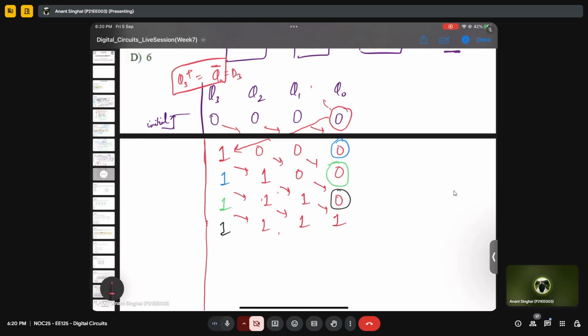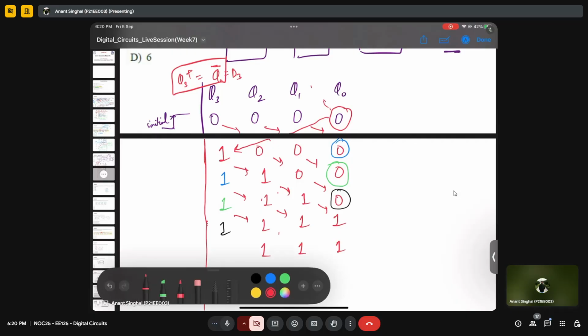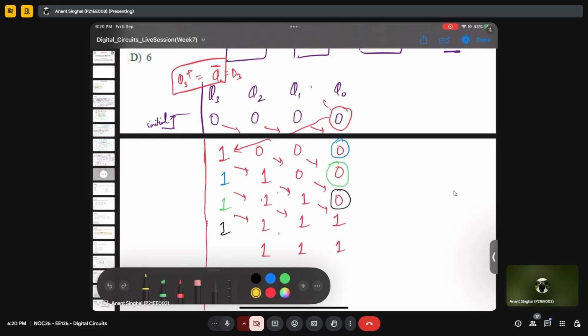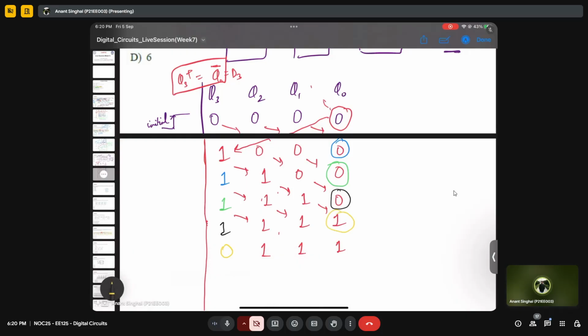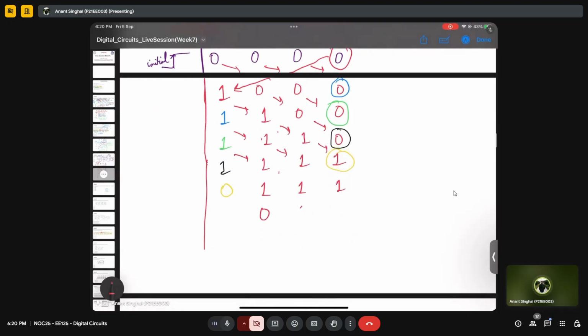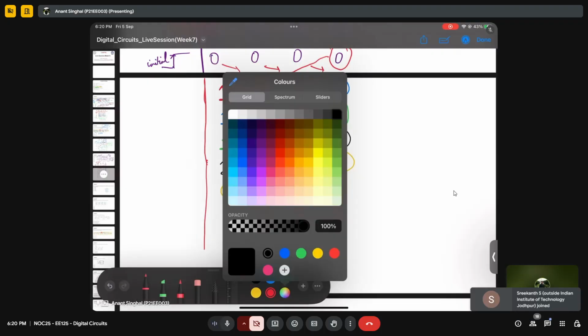Again this 1, 1, 1 will come here, and the complement of this will be 0. Again the same thing will happen, so this will be 0, 1, 1. Let me make the arrows so that it is more clear. The complement of this will be 0. Okay, I'm out of ink.